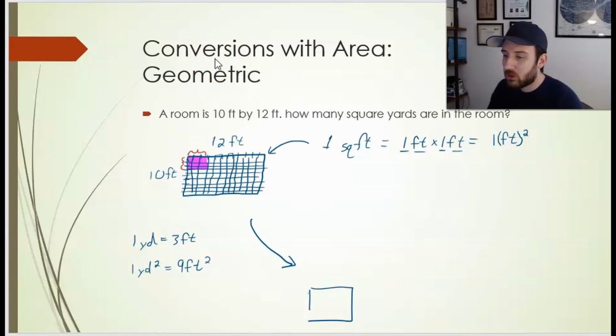So we literally took where we had 1, 2, 3 going across and 3 going down, and used all of those, that 3 by 3, to create 1 square yard. And that gives us insight into how we can do conversions when they're dealing with dimensions. We have to keep track of the fact that area is always going to be a length times a width. So if we're talking about a square area, it's always going to be a length times the same length.